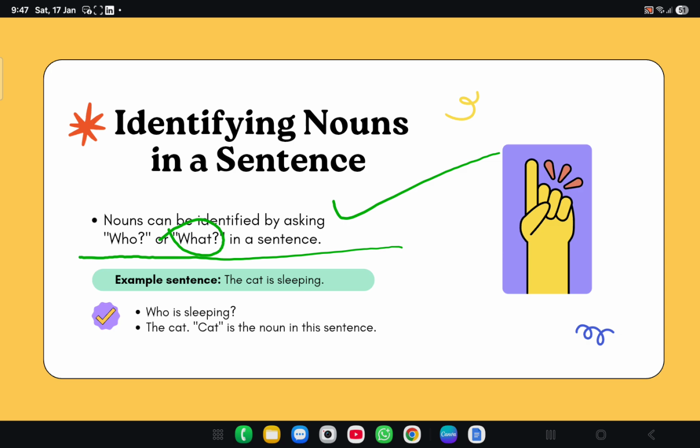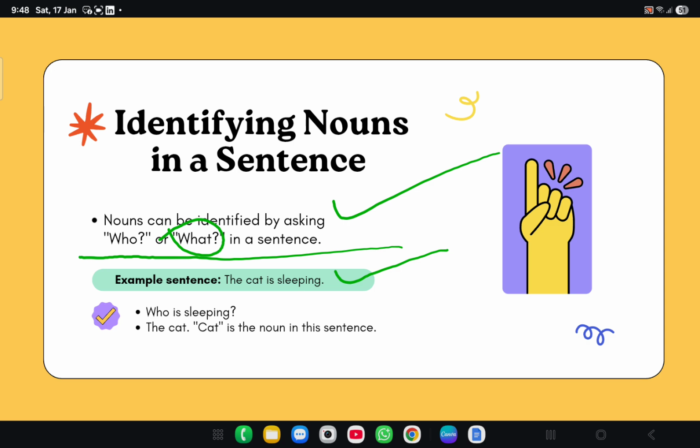That's why using these question words we can recognize nouns in sentences. Look at the example: the cat is sleeping. So what is the noun here? It means who is sleeping? The cat. Cat is the noun in this sentence.